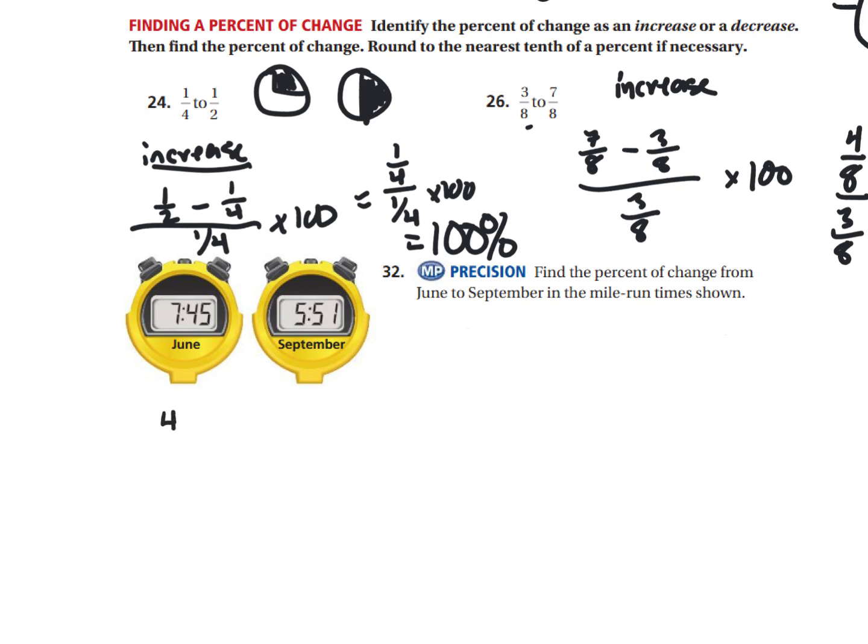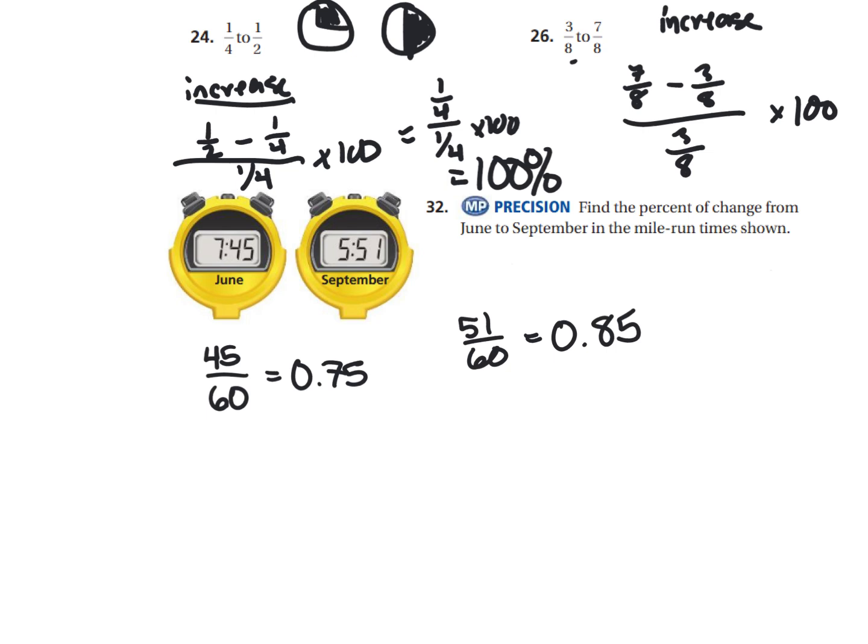And the way we do that is we take our seconds and we just divide it by 60, because that would be how much of a minute is 45 seconds. 45 divided by 60 is 0.75. 51 divided by 60 is going to be 0.85. So these are the decimals I'm going to use along with the minutes as the ones place.